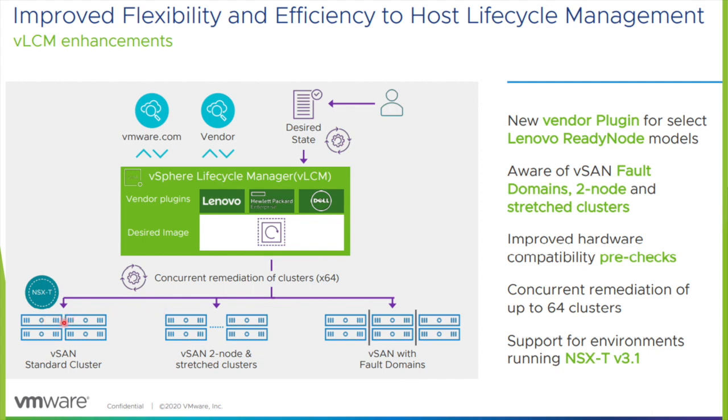We can do this host upgrade and this host upgrade at the same time, which is what this slide is trying to say. Does it make sense? The other thing I wanted to highlight is the support for environments running NSX-T version 3.1. So that is also included there.